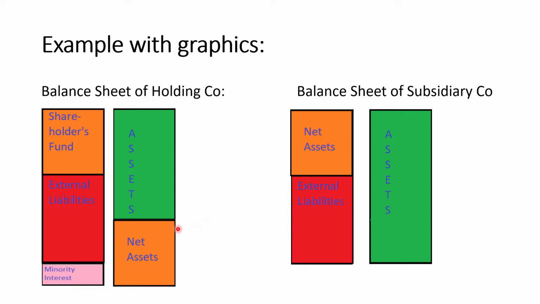So while only 80% shares were being held by the holding company in the subsidiary company, for the rest 20% we will have to create a separate liability which will be called the minority interest. I hope it is clear.